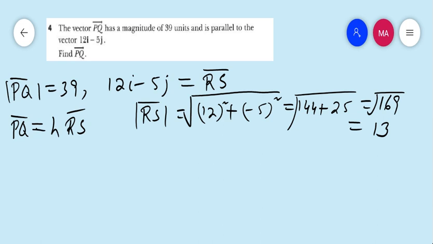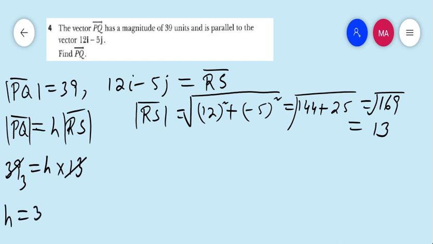So this is the magnitude of RS. PQ magnitude is given as 39. h times the RS magnitude we just found, which is 13. 13 ones are 13, 13 threes are 39. So h is equal to 3.